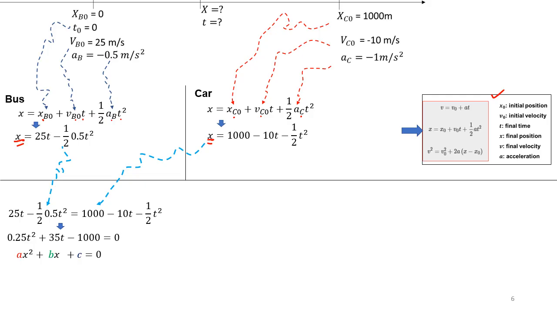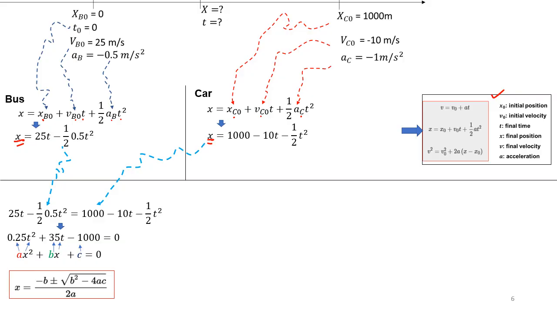So comparing it with the quadratic equation of general formula, you see ax square plus bx plus c. Here you can see a is 0.25, b is 35, c is minus 1000. Instead of x we have t, time. So the root of this quadratic equation can be found out from this equation.